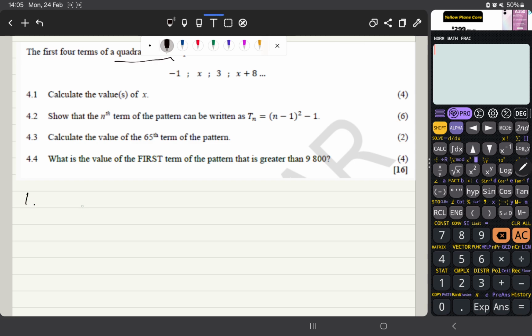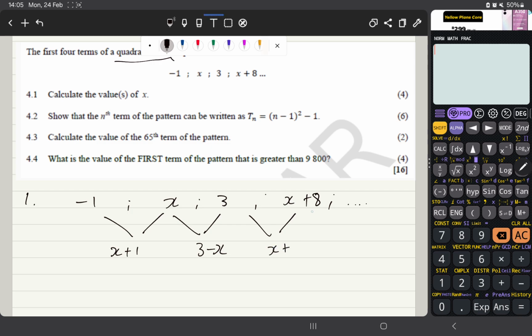So 4.1, I have x plus 8. So yeah, I can find my first difference, which is x plus 1, 3 minus x, and it's going to be x plus, then I have 8 minus 3, that's 5.